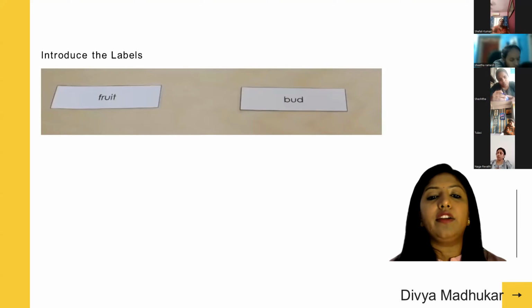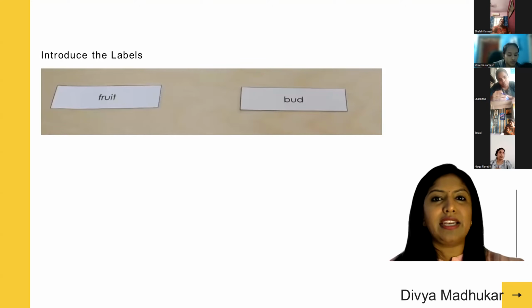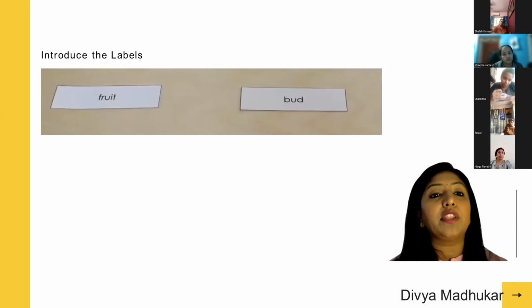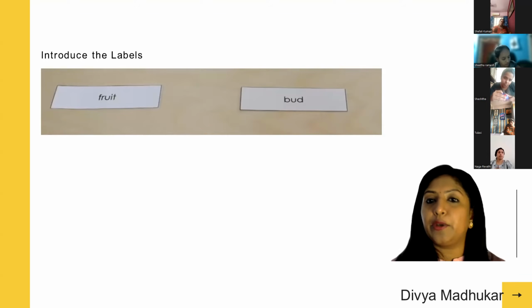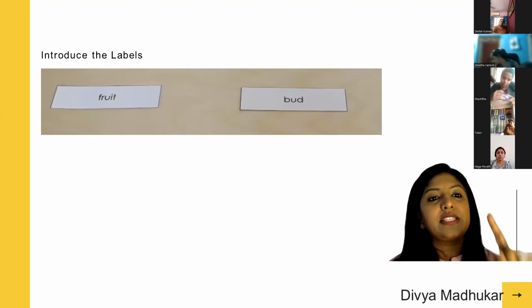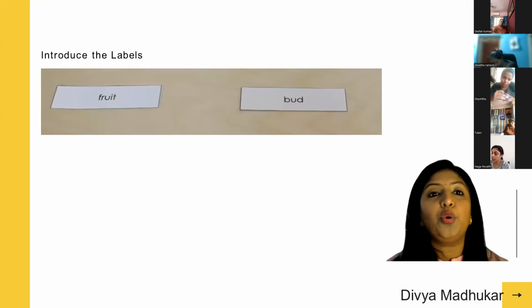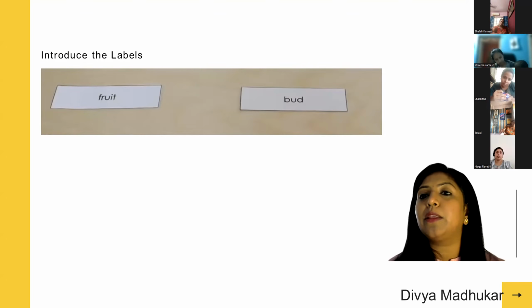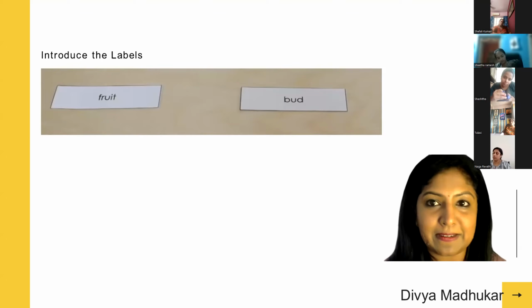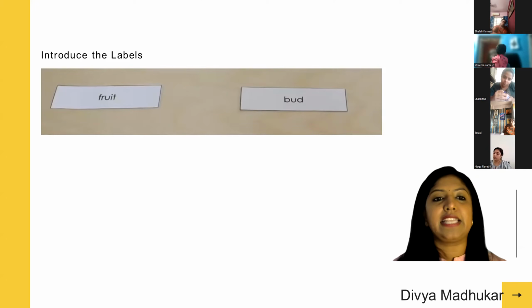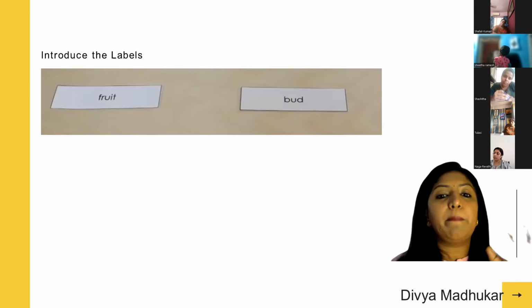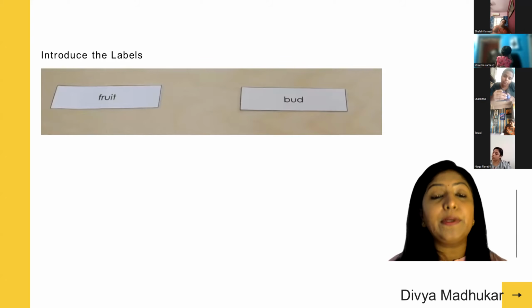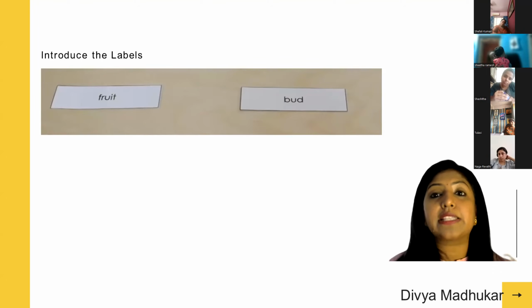Later I can introduce labels. Shashita, as the next step, if you are working with older children, you introduce labels. The moment you start introducing the labels, you also have to teach the beginning letter sounds. It is not just saying the word; you have to go on to the beginning letter sounds. Apple, apple. What's the beginning sound?